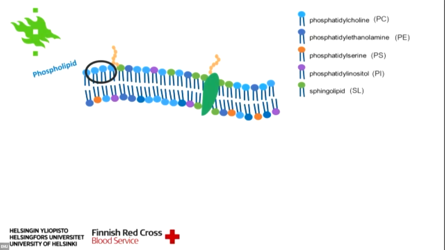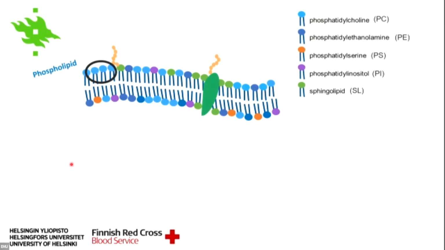The lipids and phospholipids are constantly moving, and the fatty acids in the phospholipids are changed very often. The main phospholipid classes you can see here are phosphatidylcholine, phosphatidylethanolamine, phosphatidylserine, phosphatidylinositol, and sphingolipids. They have an asymmetry in different leaflets.